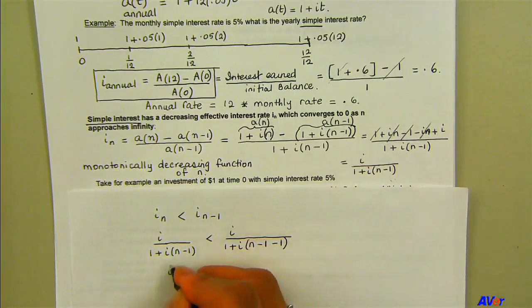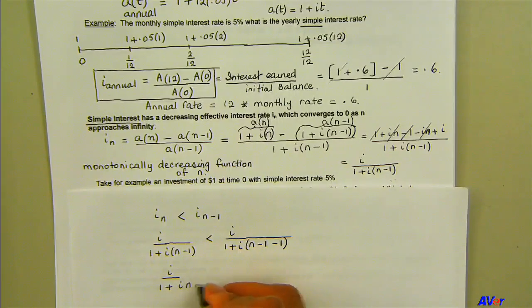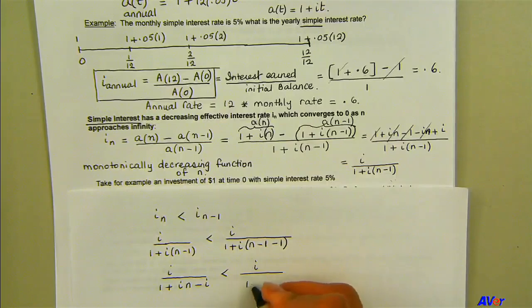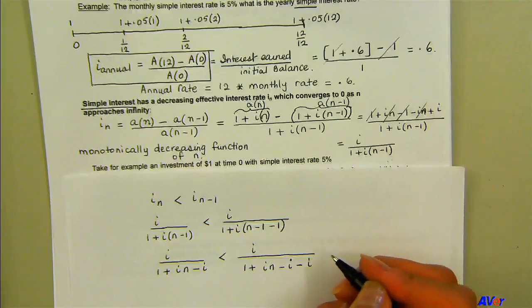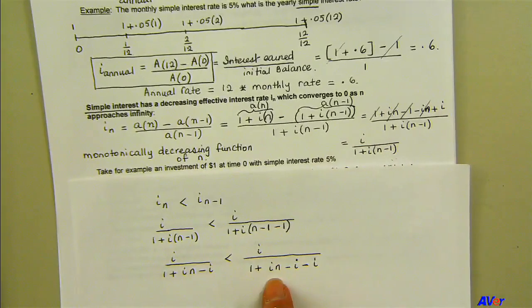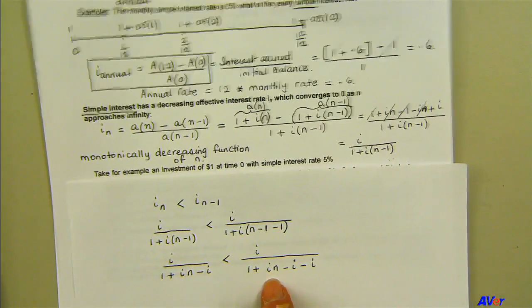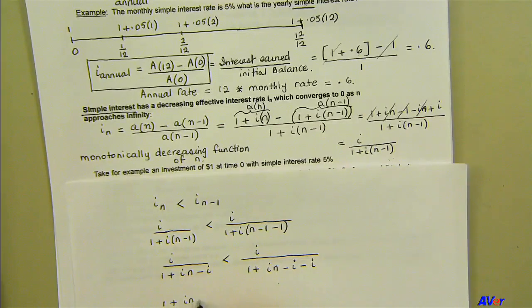I want to show that I over 1 plus In minus I is less than I over 1 plus In minus I minus I. So basically, if I want to show that this is less than this, could I just not show that 1 plus In minus I is always greater than 1 plus In minus 2I?